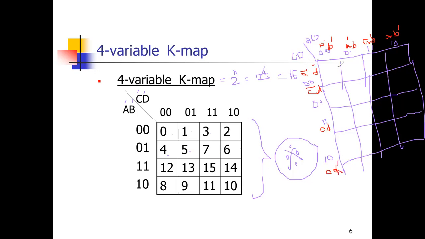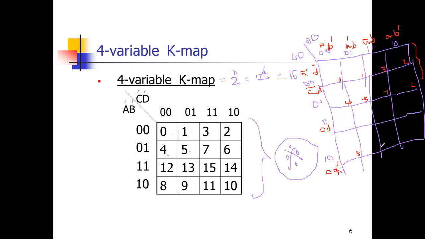So this is the zeroth cell. Please listen carefully. 0, 1, then 2 should be here, not here, then 3. 4 here, 5, 6 to be here, 7 is here. Till this, it is like the 3 variable map. Then after 7, 8 should be here.